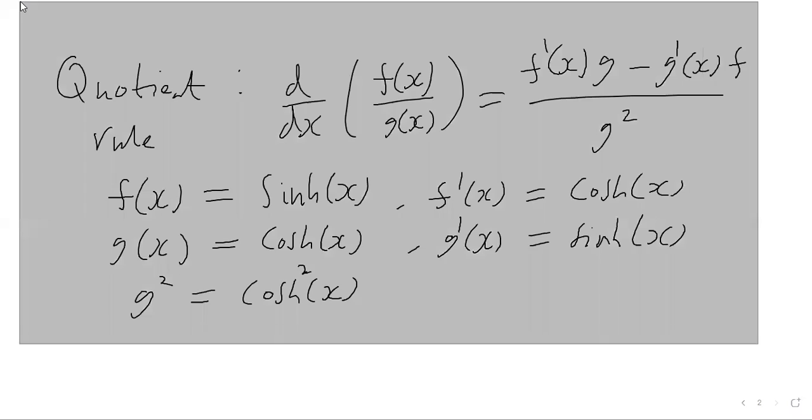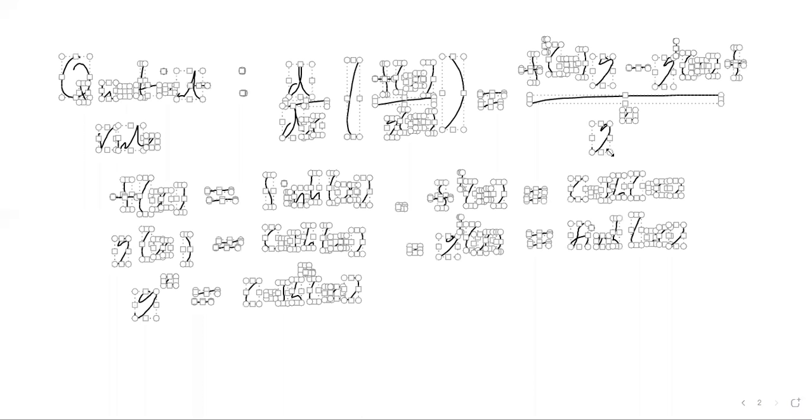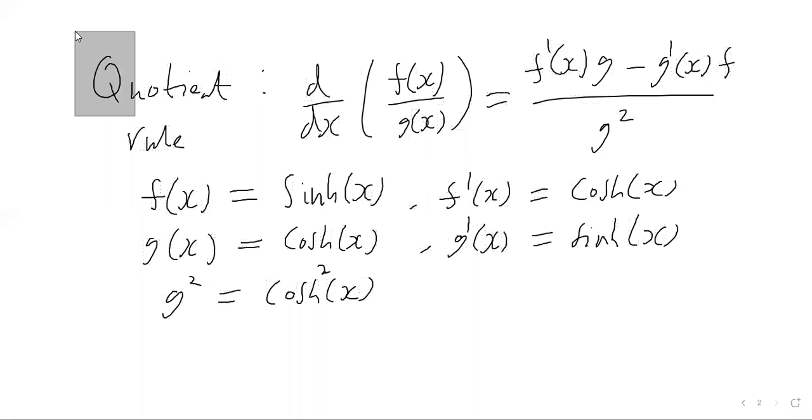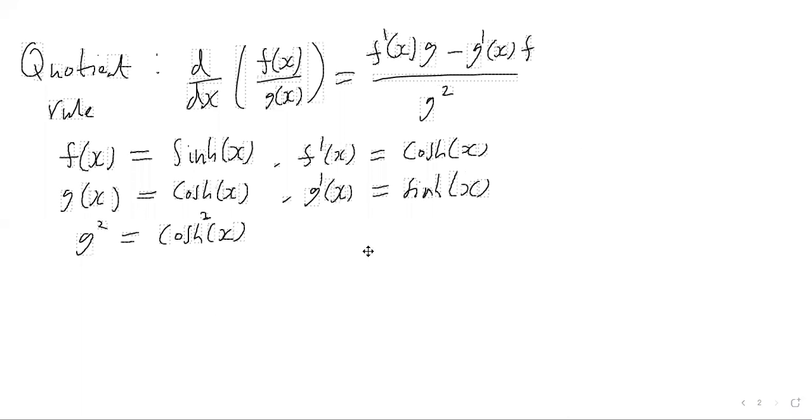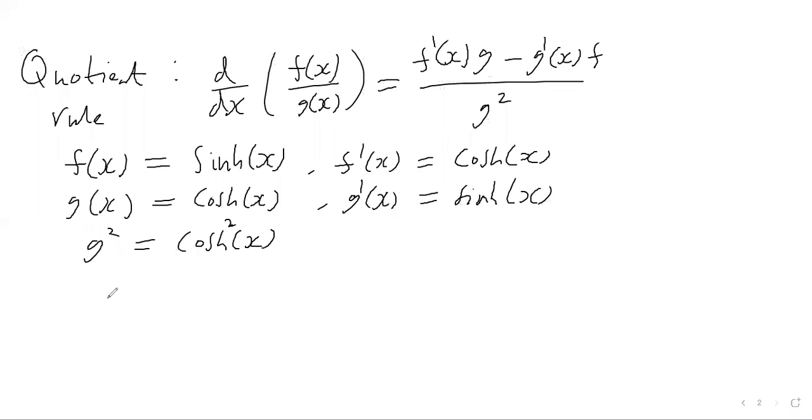So we can just plug those into the quotient rule formula. Let me just try and make the writing a little bit smaller, like so. Okay, so we just plug it into the formula.